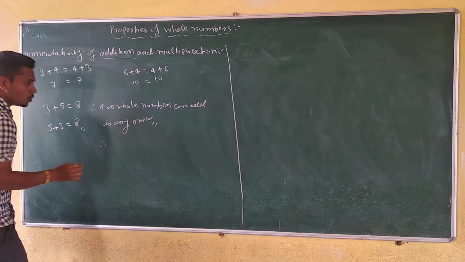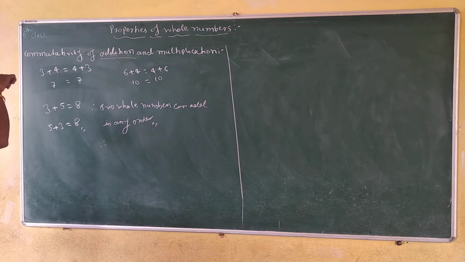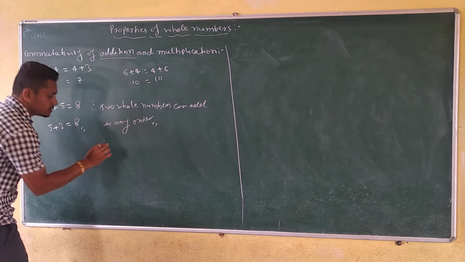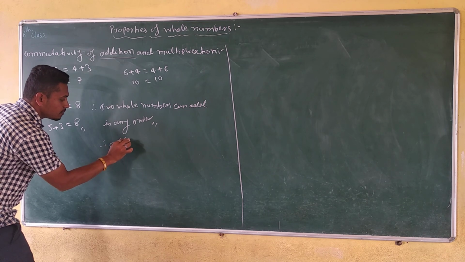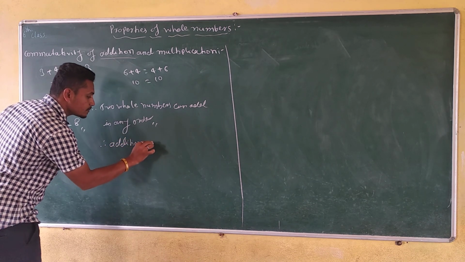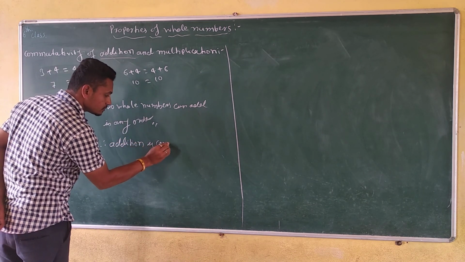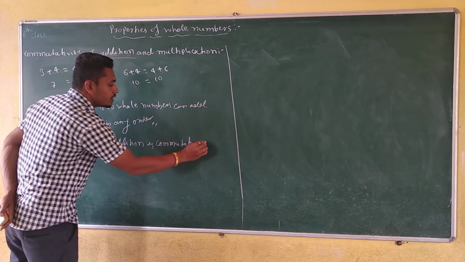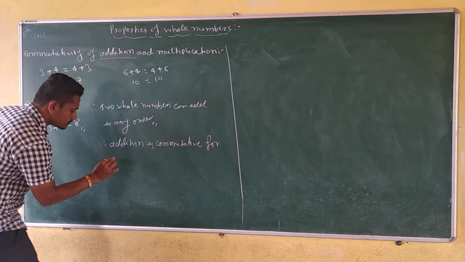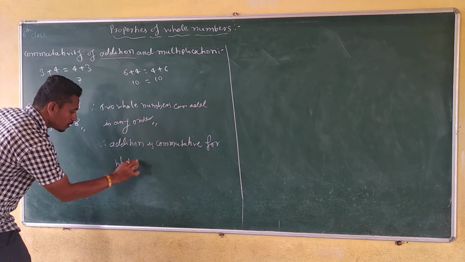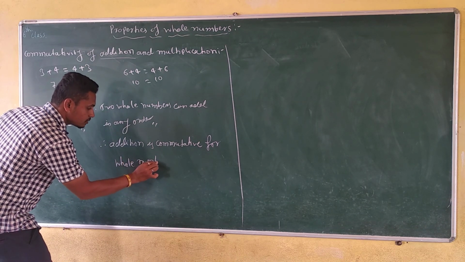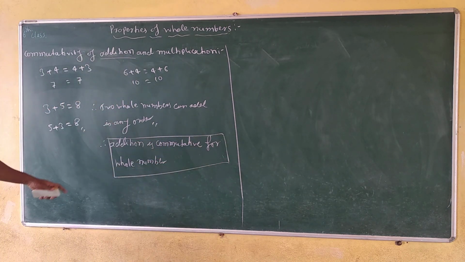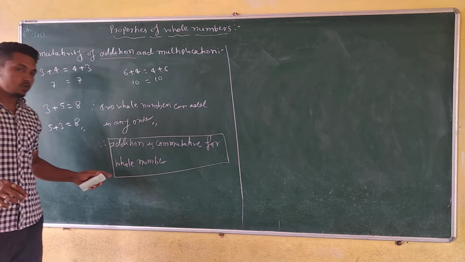So it concludes that addition is commutative for whole numbers. This is a very important statement, please note it down: addition is commutative for whole numbers.